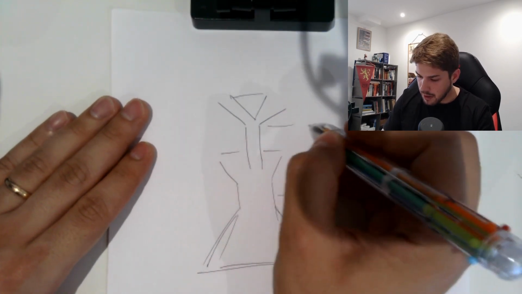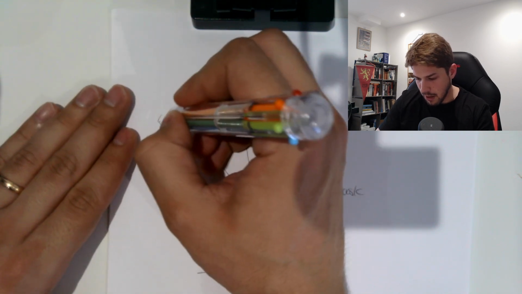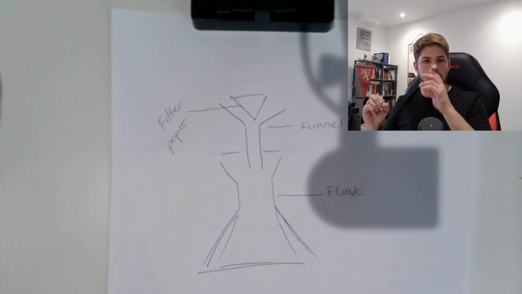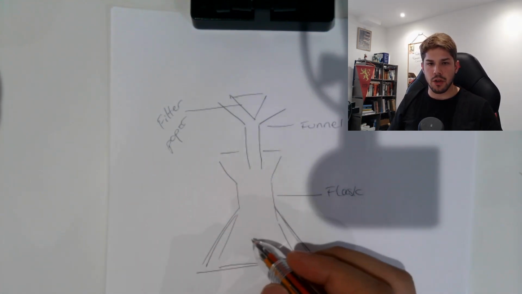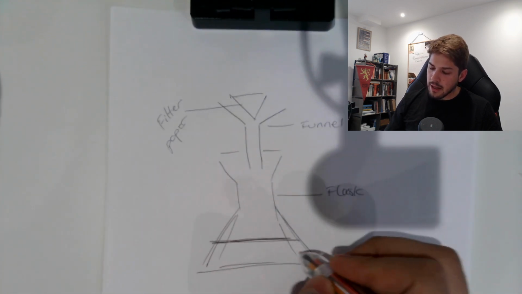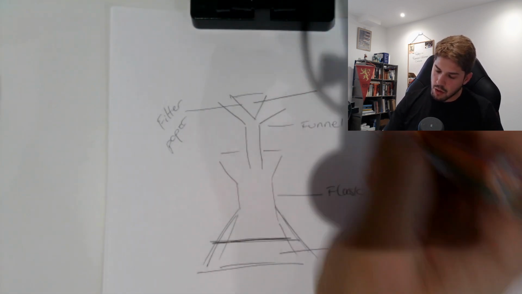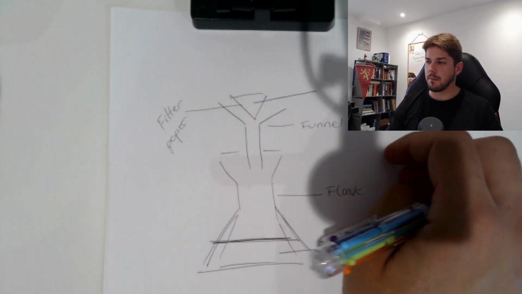Here we have the funnel. And here we have the filter paper. Question: how do we call the part of the separation that stays in the flask, and how do we call the part, or the fraction, that stays in the filter paper?